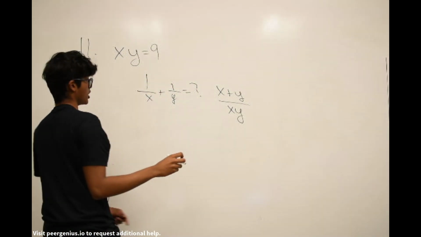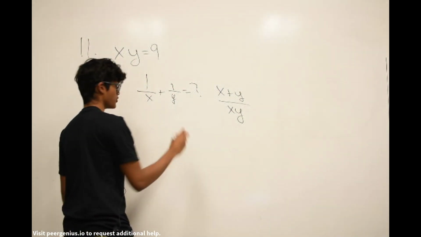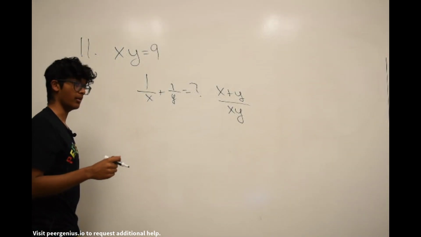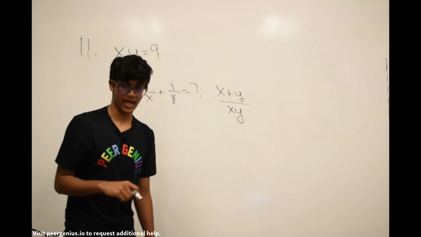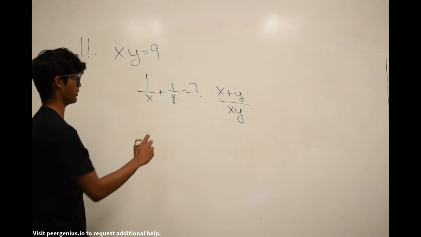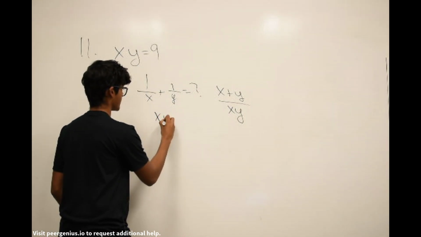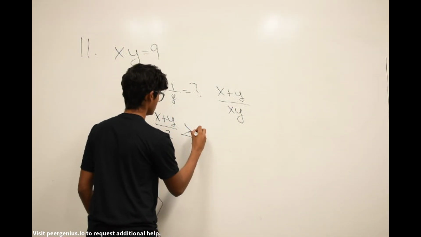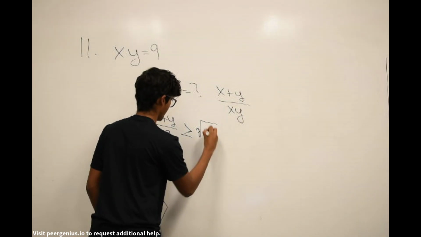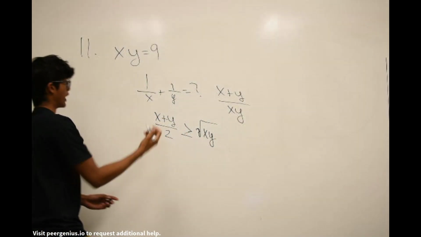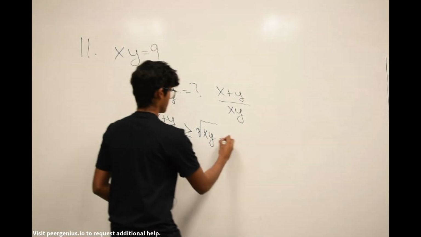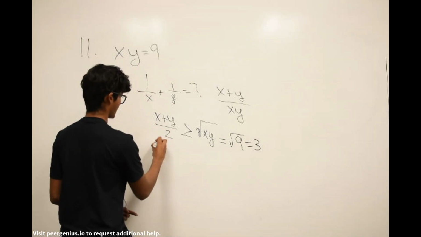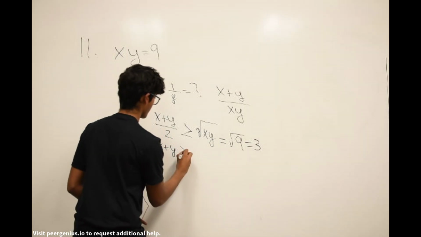By the AM-GM inequality, which states that the arithmetic mean of any n numbers is greater than or equal to the nth root of the product of those n numbers, in this case, x plus y over 2 is greater than or equal to the square root of xy. And we already know xy is 9, whose square root is 3. So x plus y is greater than or equal to 6.